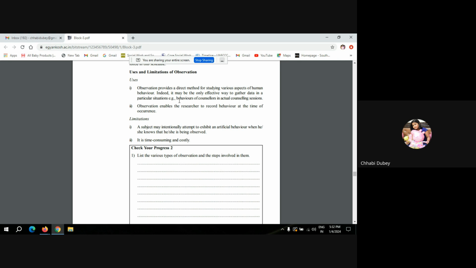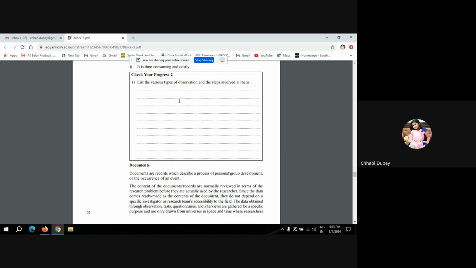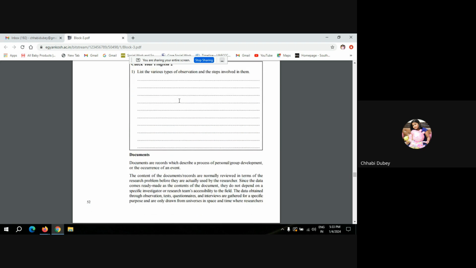And sometimes when we are intentionally attempting to study a group, the group may not behave naturally, they may behave very artificially, and that may give us very different readings or observations. But despite these limitations, observation continues to be a very important tool for data collection.